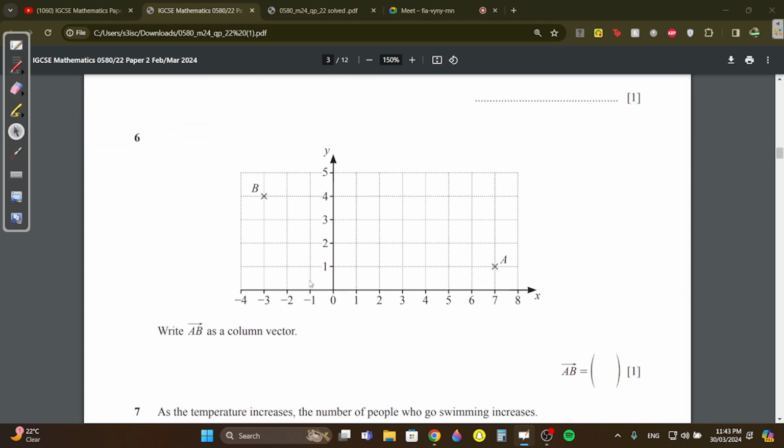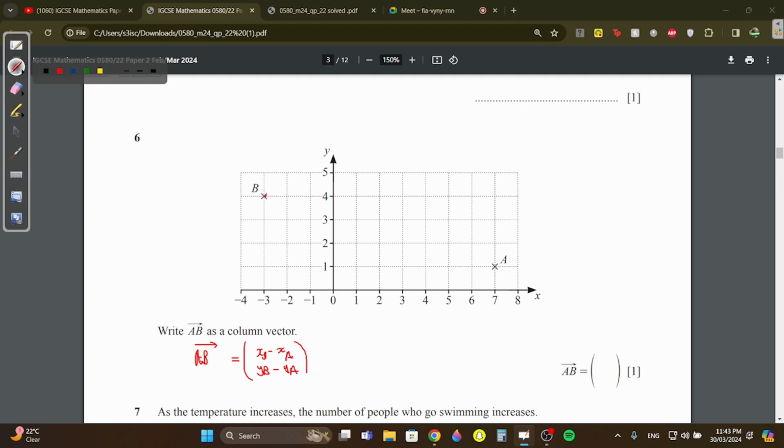Question 6. They want you to write AB as a column vector. The way I have it memorized, any column vector AB is equal to x of B minus x of A, y of B minus y of A, and you put it in a column.